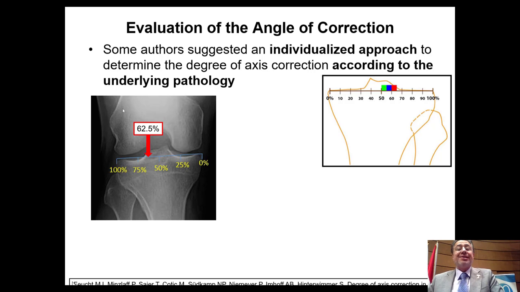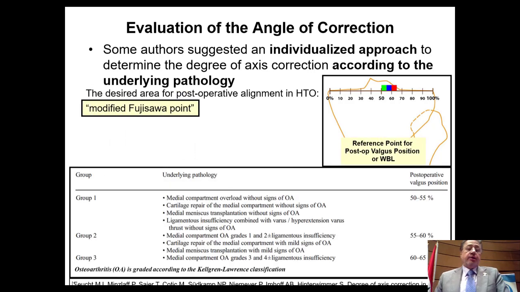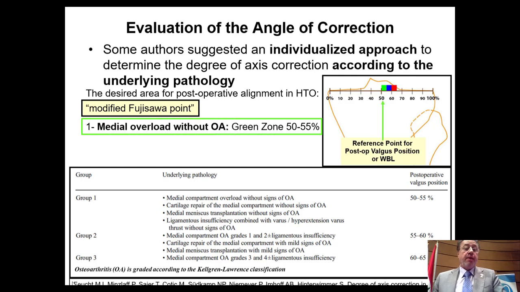However, some authors suggested a more individualized approach to determine the degree of the correction according to the underlying pathology, and this is what I call the modified Fujisawa point. For the patients who have only what we call a medial overload without osteoarthritis, the Fujisawa point would be in the green zone, from 50 to 55% from the medial edge of the tibial plateau.